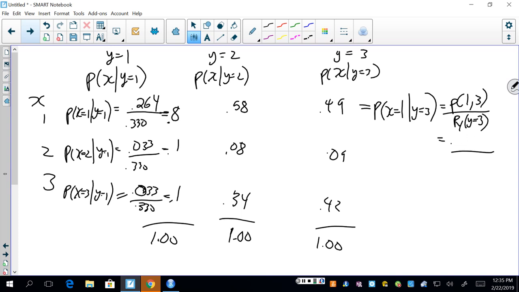So x is 1, y is 3, 0.164. Right, keeping track of which one. Thank you. And then the chance that you were in that y equals 3 category is the 0.335. So that's almost half, 49%. So that works out. But you can always check that these things are supposed to add to 1.